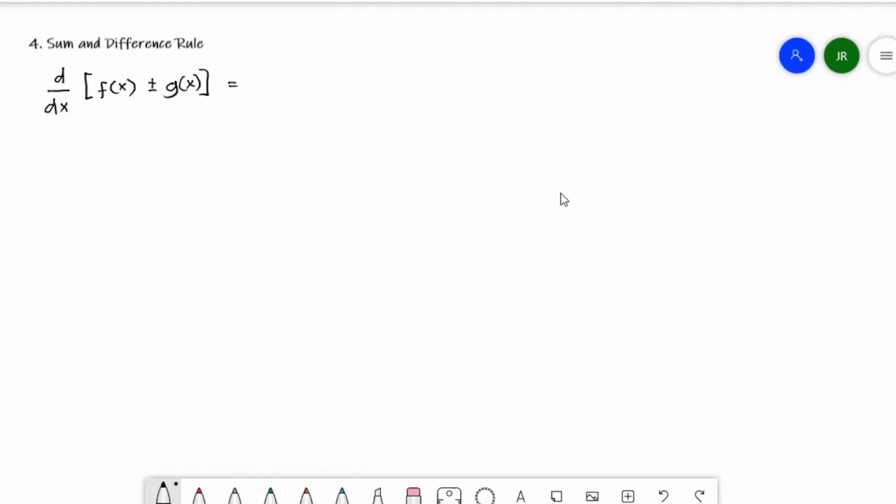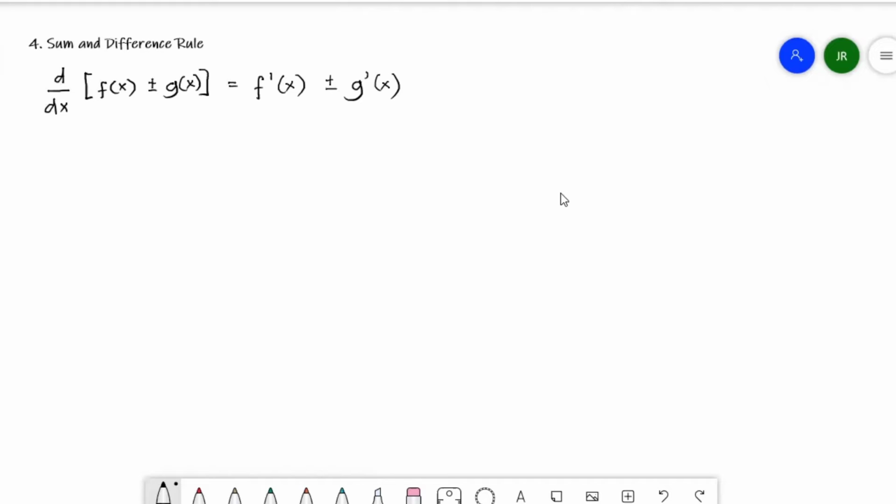Kunin yung derivative ni f of x, so f prime of x, plus or minus derivative ni g of x or g prime of x. This is applicable sa sum and sa difference. Again, pag kinukuha mo ang derivative using this rule, kunin ang derivative ng bawat isang term.